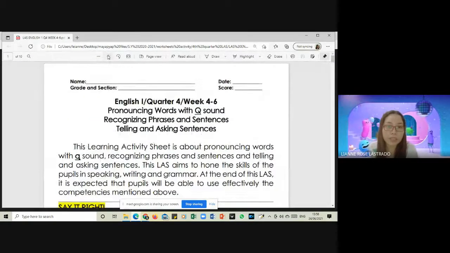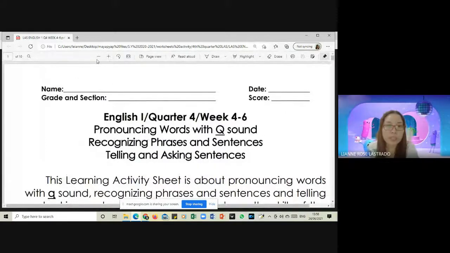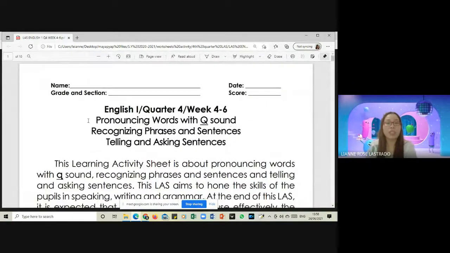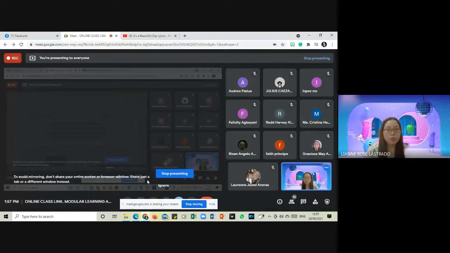This is the lesson for this week. We will pronounce words with the kwa sound, recognize phrases and sentences, and then identify telling and asking sentences. For the kwa sound, I would like everyone to say kwa.